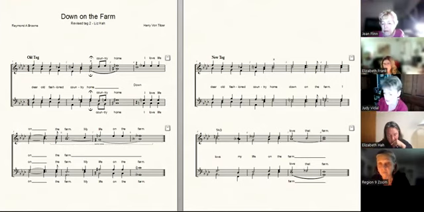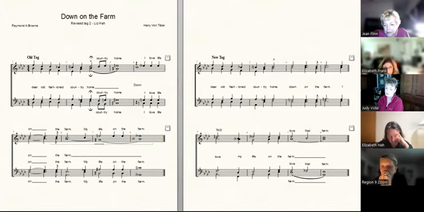So find your best singing places for each part. The way she has it now, love my life on the farm. Nice bass line. Even though every part is going down, isn't every part going down from love my to my? Yes. Did it bother you?